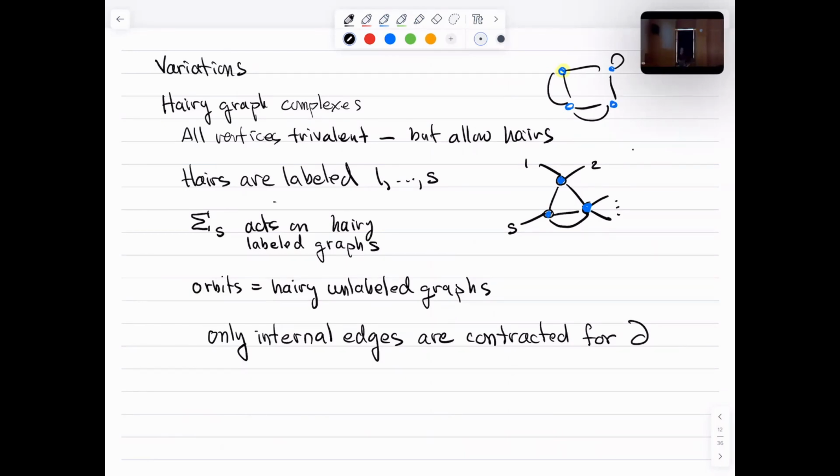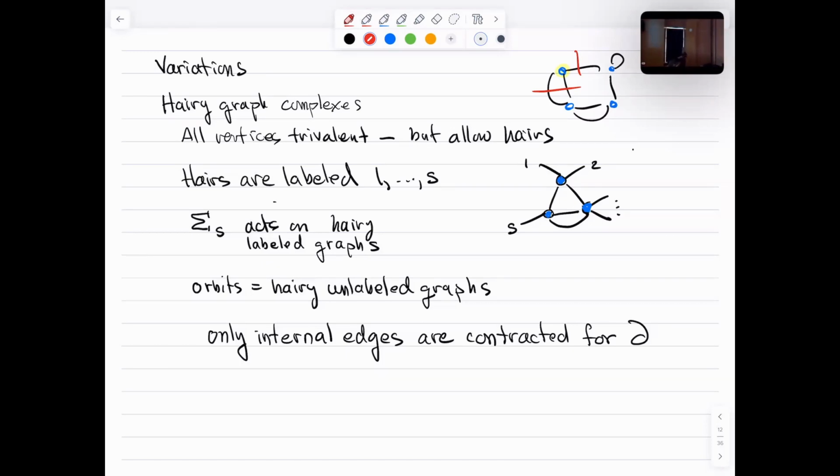Well, I can take a graph and cut it into pieces, maybe cut there and there. Physicists like to do this; they call them Cutkosky cuts. And then what I get is two graphs with hairs. I've cut my graph into two pieces. So I can assemble graphs with hairs into graphs without hairs.